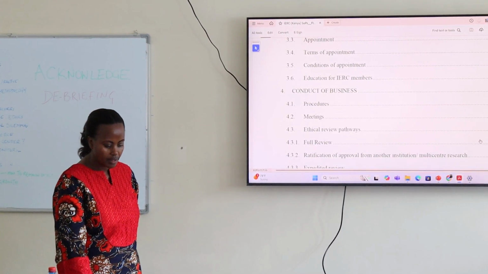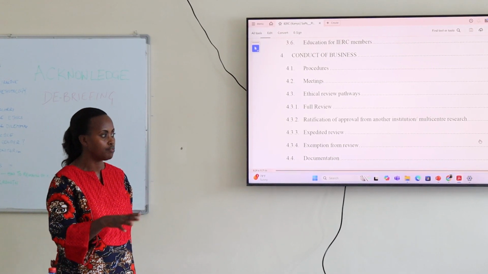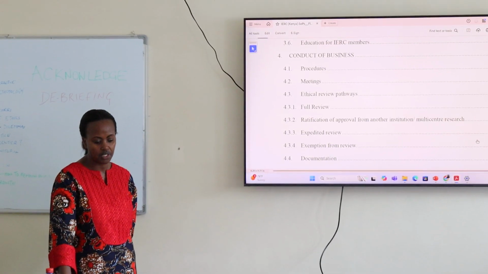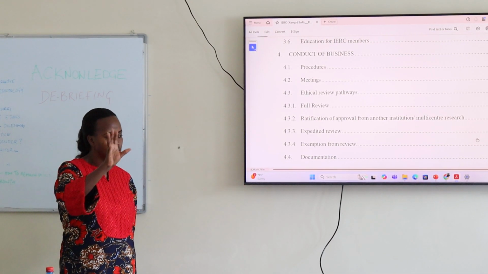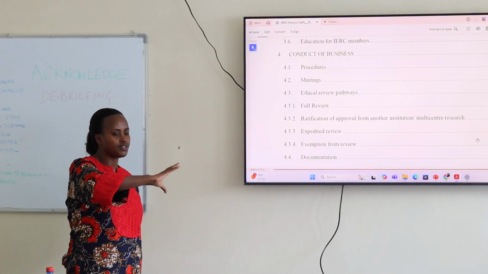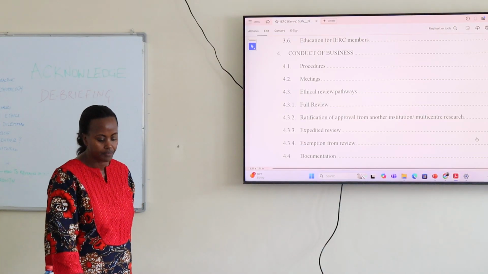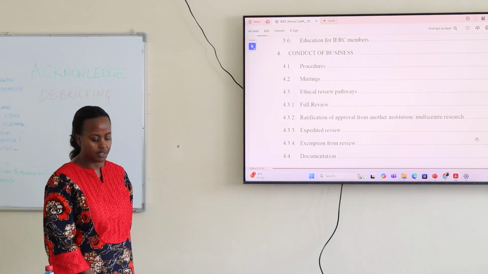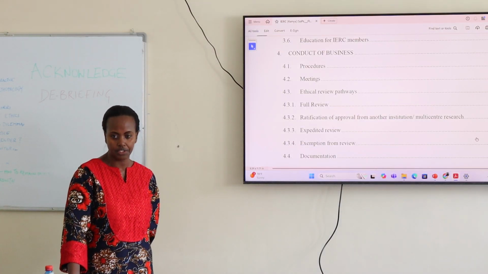So this particular IRB has a paragraph where they describe the CMEs and the annual trainings and things like that. Then when we talk about the heart of the reviews, they have the section they call the conduct of business, so the procedures, the meetings, the pathway to review. So sometimes you may have a diagram showing you the person who arrives, who greets you, things like those. So you have a pathway. They talk about the full review, expert review, the exemption from review, and issues about multi-site studies.